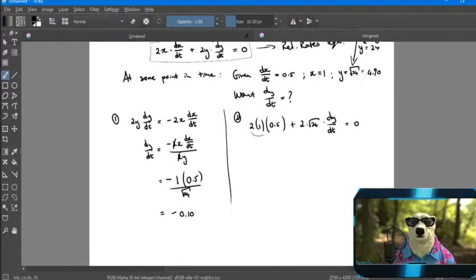Then people can calculate this, people calculate that, and move the numbers around to solve for dy dt.